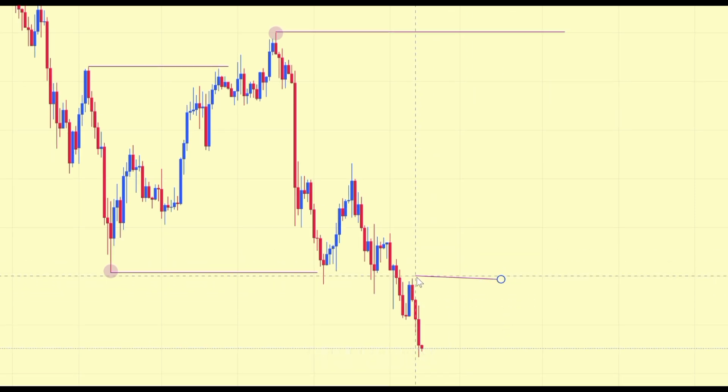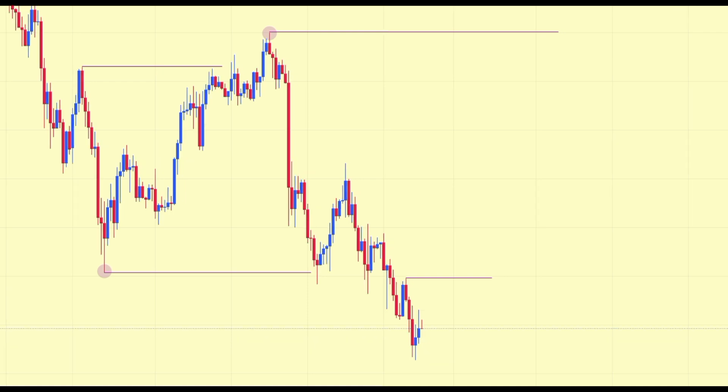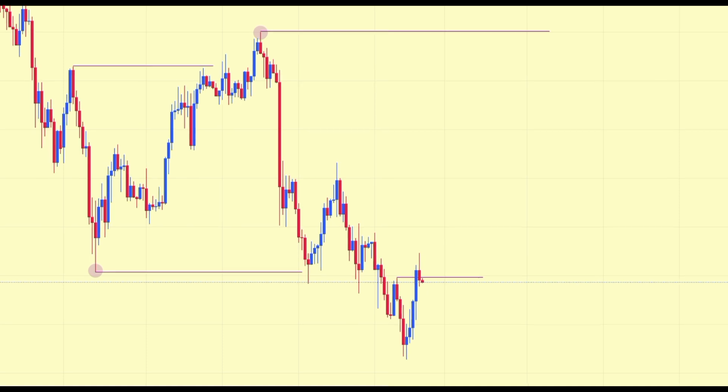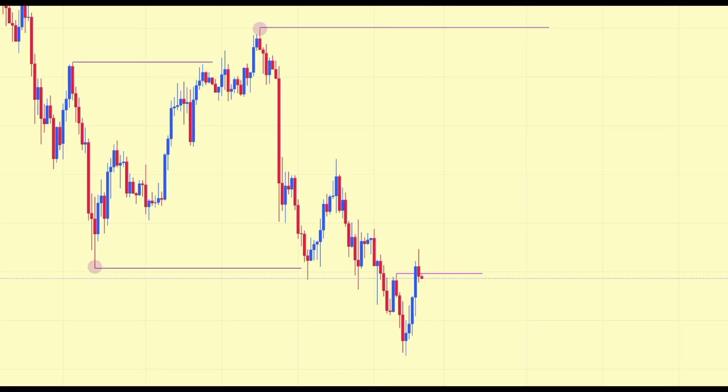That's when we start marking the order flows and, of course, the engineering liquidity, because we cannot identify the engineering liquidity without the order flow unless you are a bit experienced. And exactly right here you can see price has taken out the inducement, and once you see this, obviously this low is a confirmed swing point, and if price reverses and breaks past this low, this one is a confirmed valid break of structure.